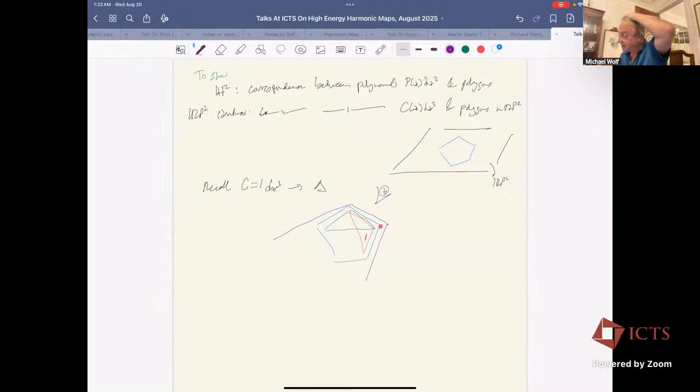So this pentagon has 10 boundary objects, and those boundary objects are triangles. And as we move from one boundary object to the next, we do some sort of flipping. And this flipping is going to be very much like the flipping that we did on the boundary geodesics. I'm going to run out of time. This is really flipping between flags.